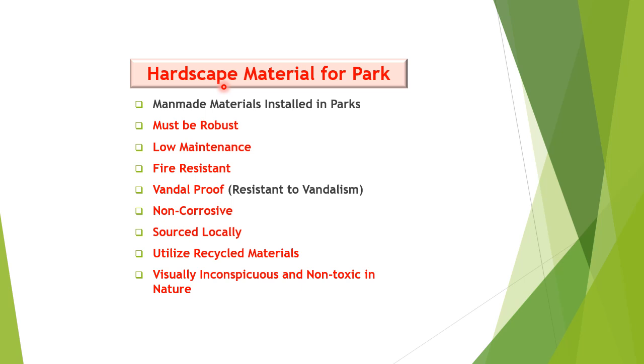In the case of hardscape, you have seen the material which will be used for paths and other park embellishments, which should be robust and low maintenance. You should also prefer recycled, non-toxic material which is visually inconspicuous.